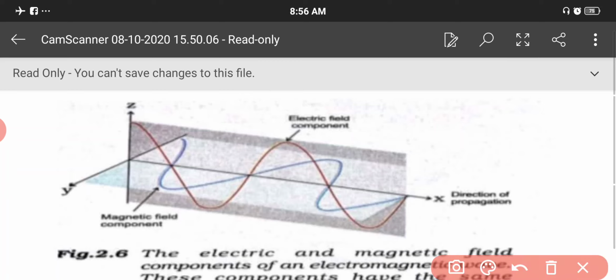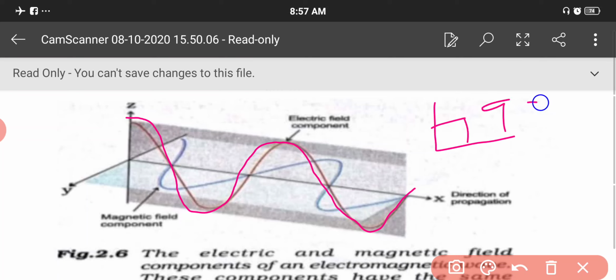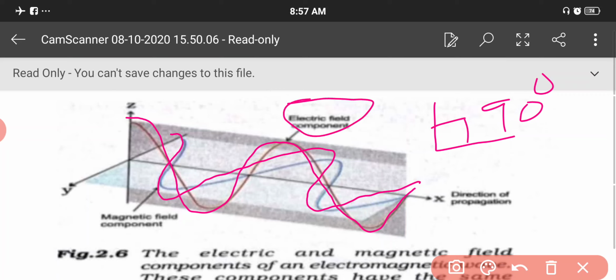Remember one thing, that if we have this type of electric field, then at right angle to this, we know right angle means 90 degrees, another radiation, the magnetic radiation, propagates at right angle to the electric wave. So always electric wave and magnetic wave are at right angle to each other and they propagate in the same direction.